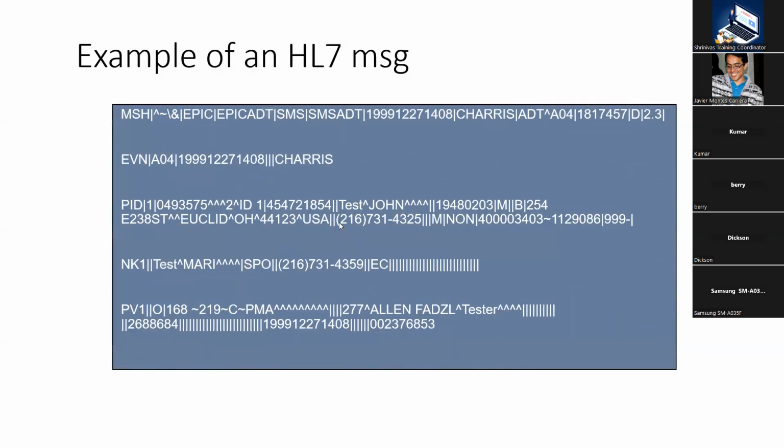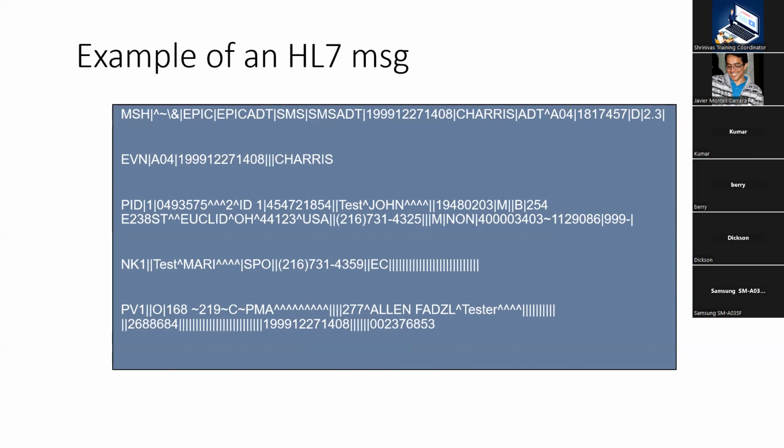Now let us take a look at a sample HL7 message. Whatever you are seeing on the screen is a sample HL7 message. Here we have 5 segments. Every segment has its own name. The way we had the architecture in the rack, first rack is for clothes, second rack is for books, third rack is for some material.